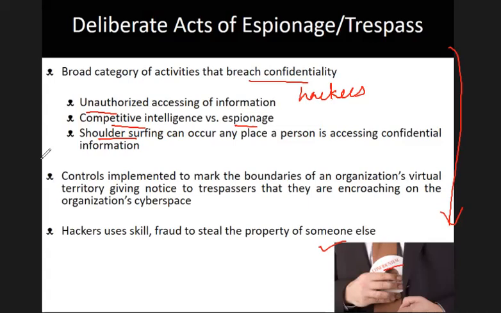You might go near that person and get all his login details. You're not actually hacking anything, you're just capturing the information, just seeing all his login details. Once you get hold of these login details, you can access confidential information, because many files are password protected.